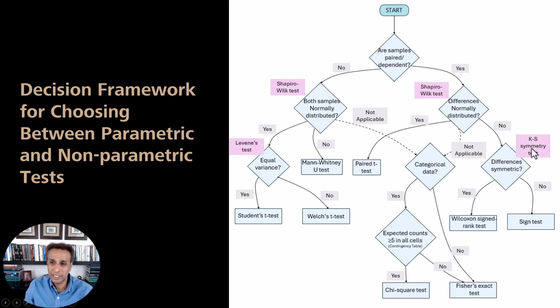What it does is split the data at the median and look at the below and the above, and it infers whether the data is symmetrically distributed or not. We'll do that again, I believe, in this tutorial. So feel free to take a screenshot of this one. I find this to be very, very useful. I created a crude version of this a long time ago, and now I redid this in PowerPoint.